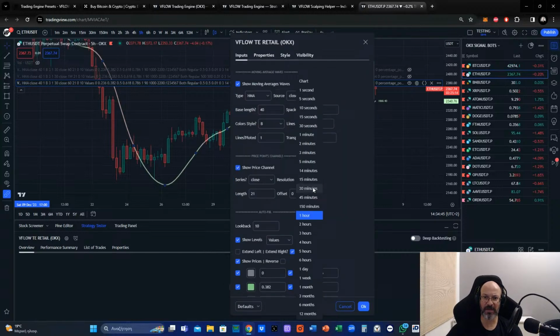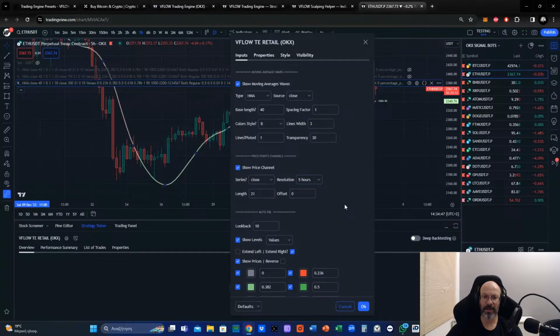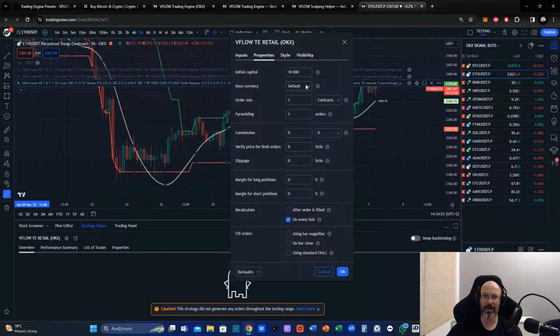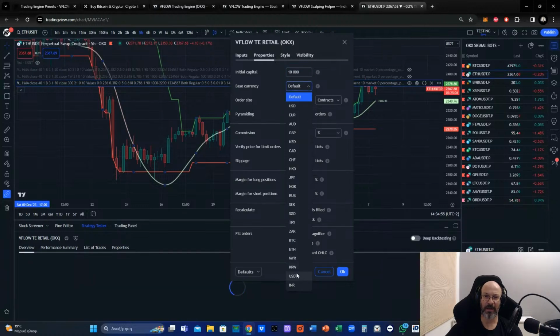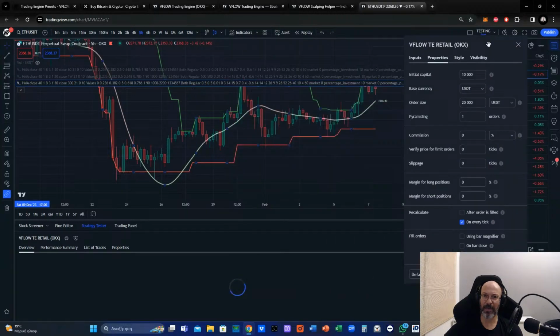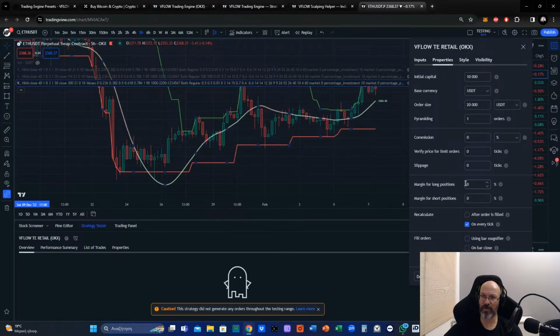The resolution is 5-hour. Here it is. And we also go to properties to build a scenario where we trade with 10,000 USDT. The contracts are USDT, and we are opening positions with 2x leverage with 20,000. That will be the case to see what we can build with the use of the trading engine.